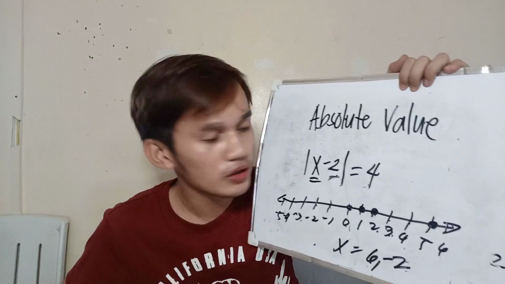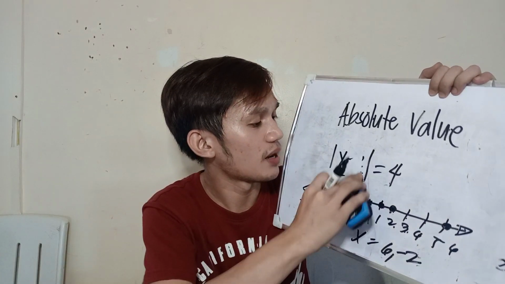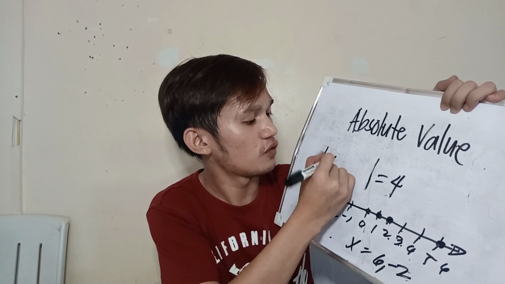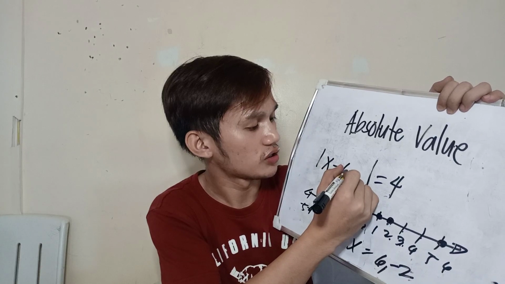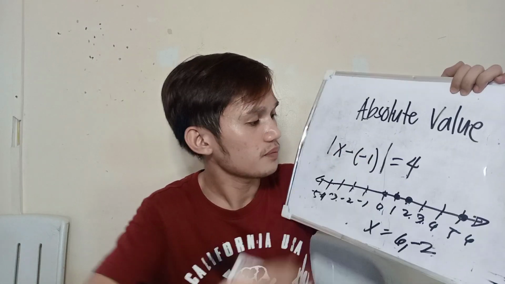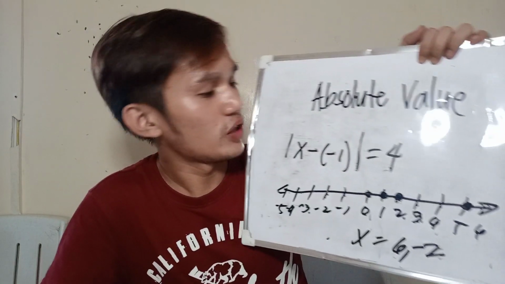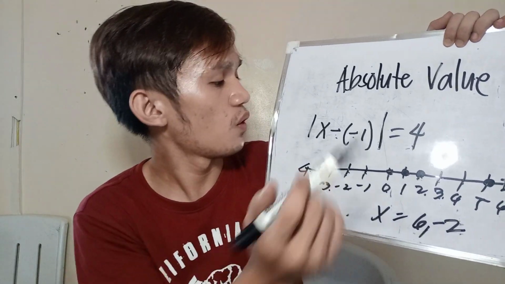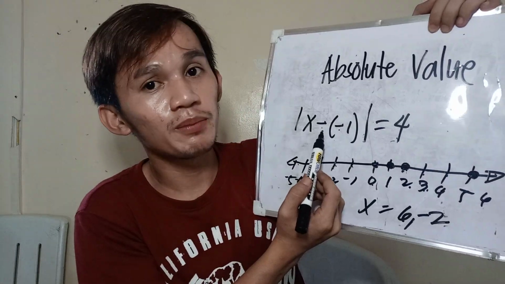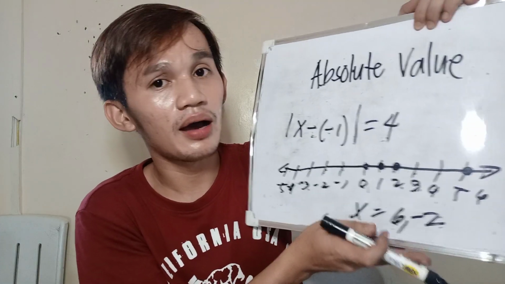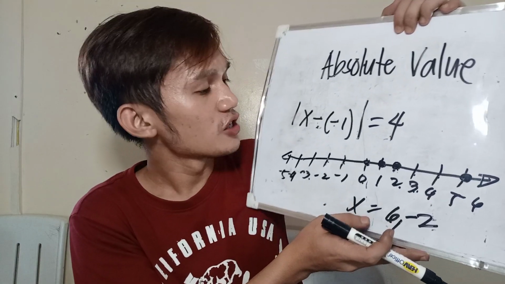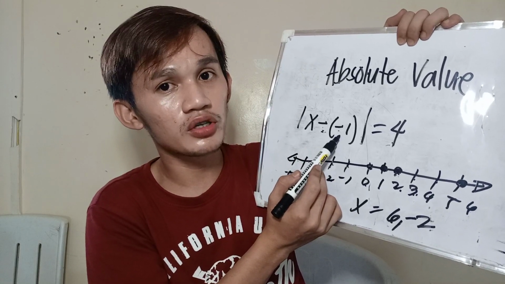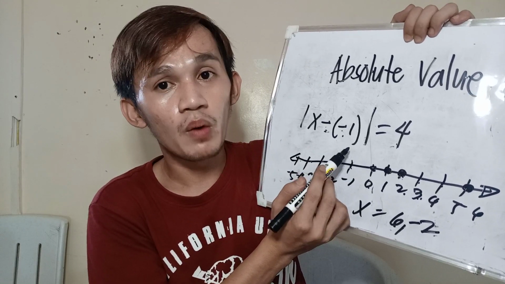How about if, for example, we have the absolute value of x minus negative 1. This time we have two things: the first one is the subtraction operation here, and then we have a negative number inside. If that is the case, this means that we are going to start with negative 1.